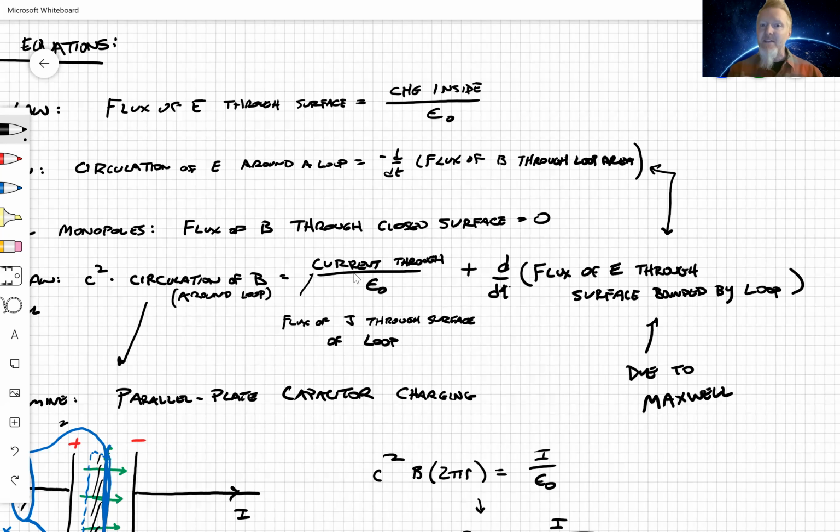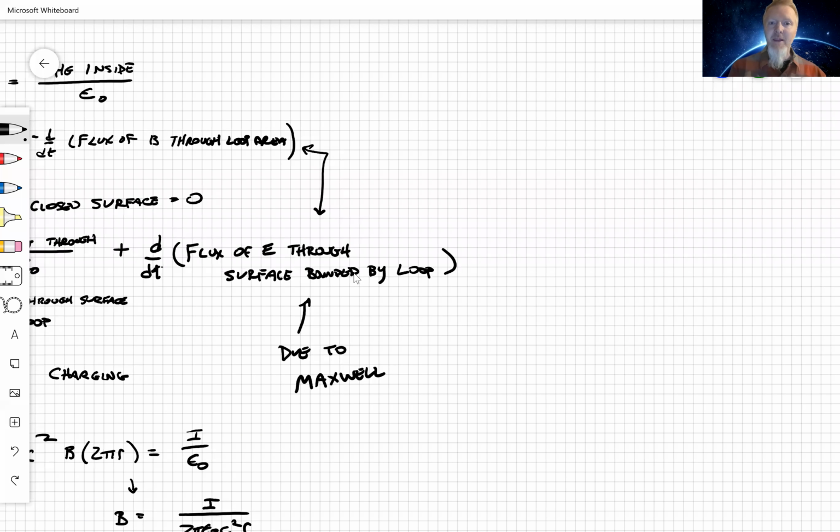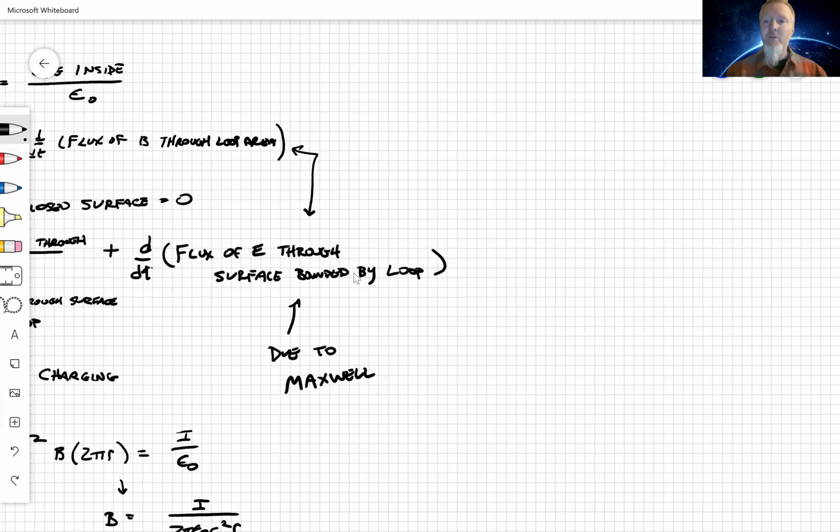Electromagnetic waves are what Maxwell realized he was getting here. These two things right here, this one and this one, we can show the existence of electromagnetic waves.